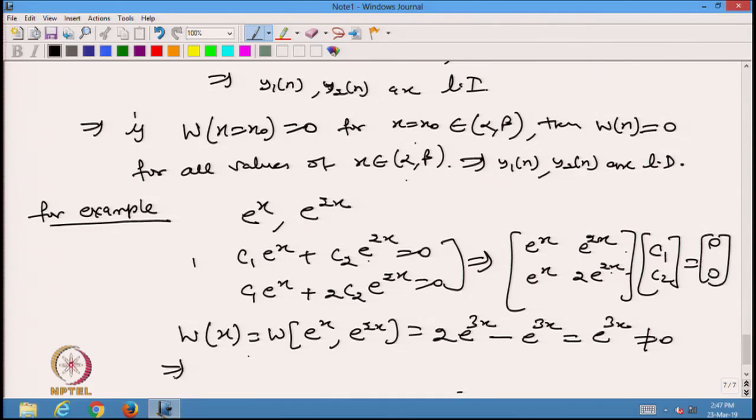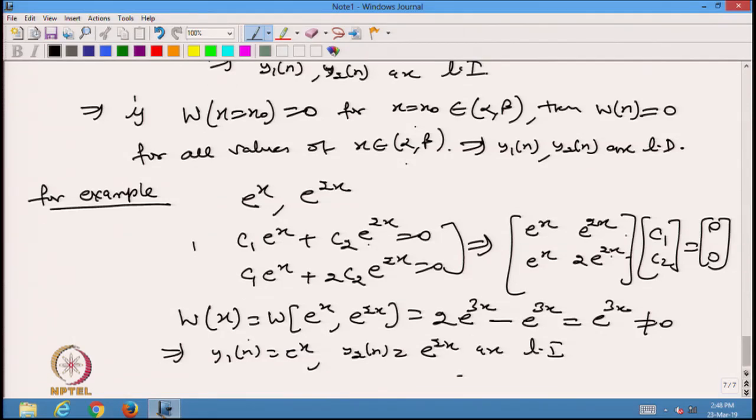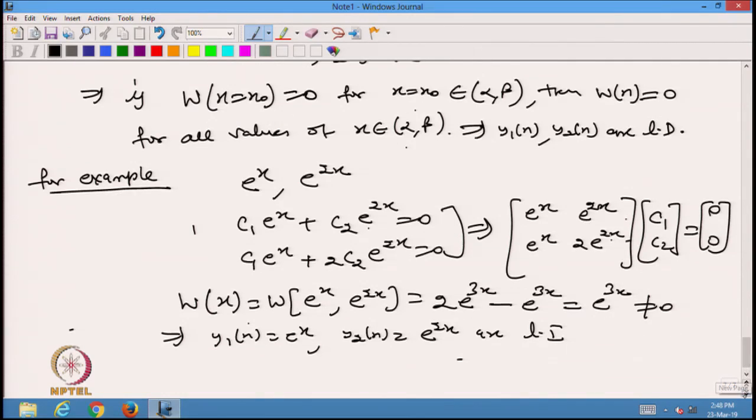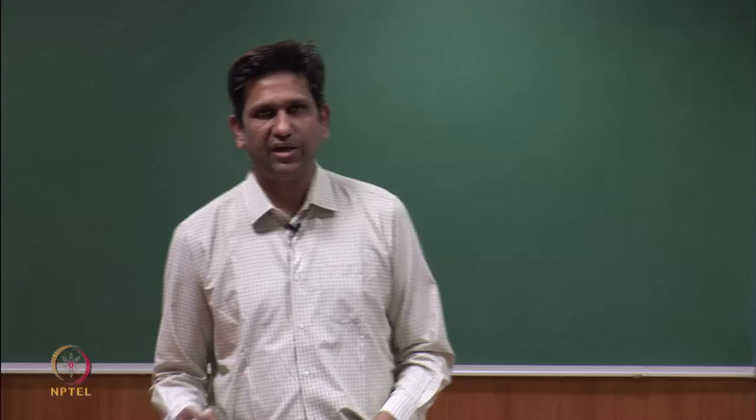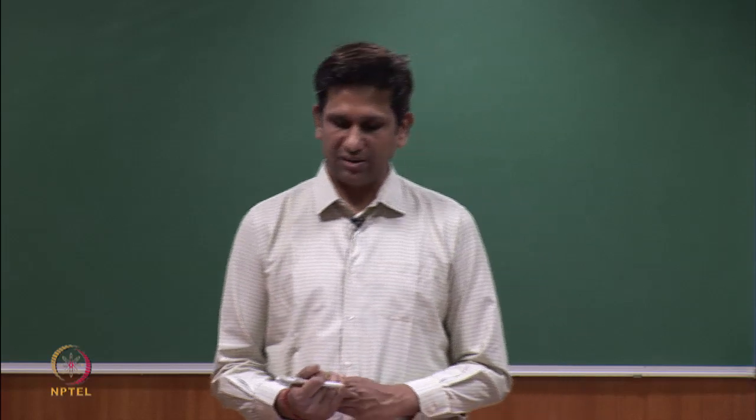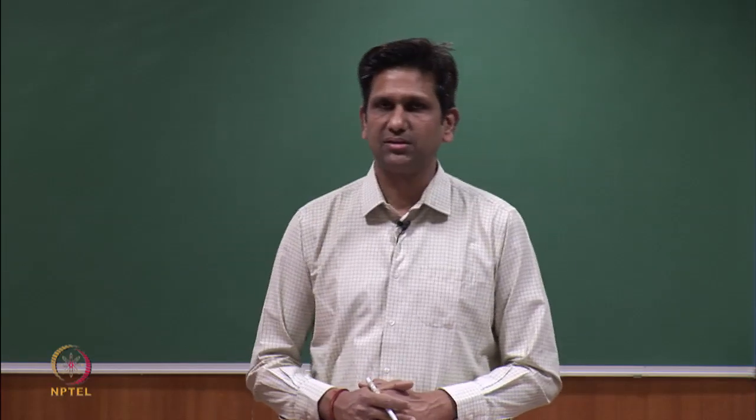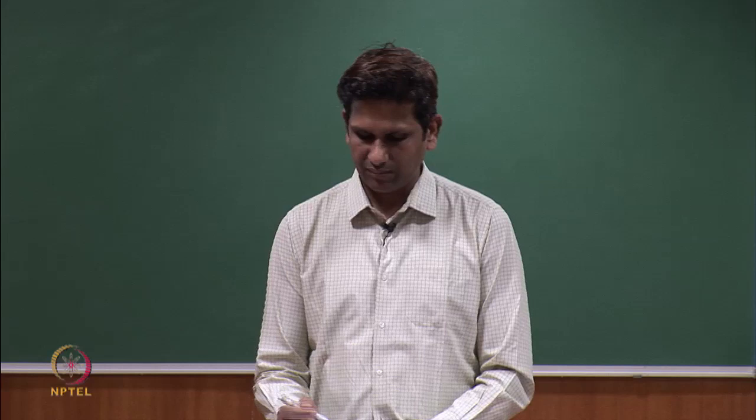So, in that case I can say that my functions y1(x) = e^x and y2(x) = e^2x are linearly independent. So, here we are able to show that these two functions are linearly independent.